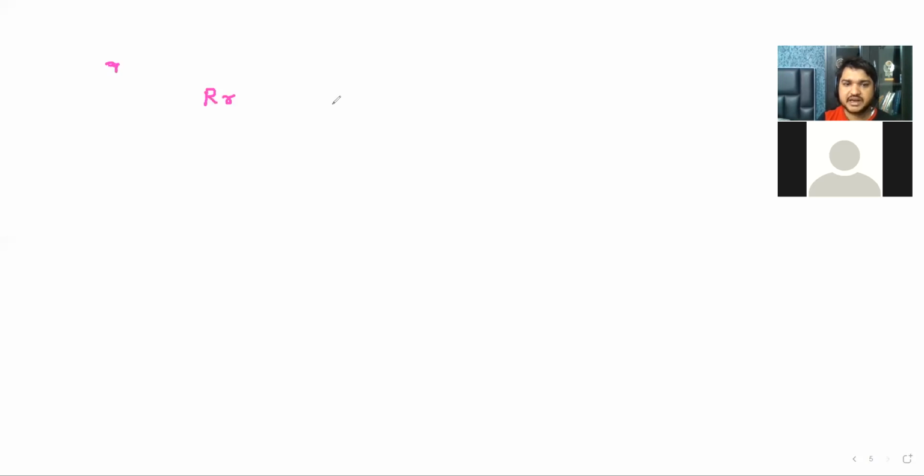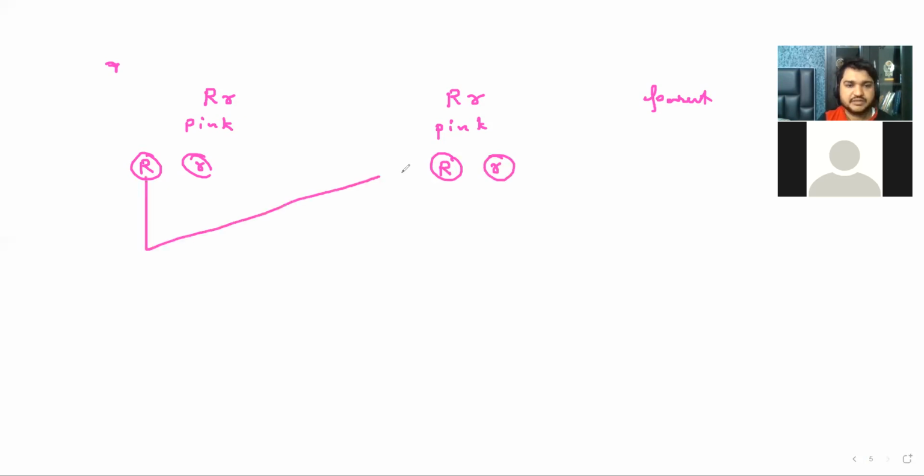So you got capital R, small r, pink and pink. These offspring now become the parents. They will give the gamete capital R, small r, and they will give the gamete capital R, small r.